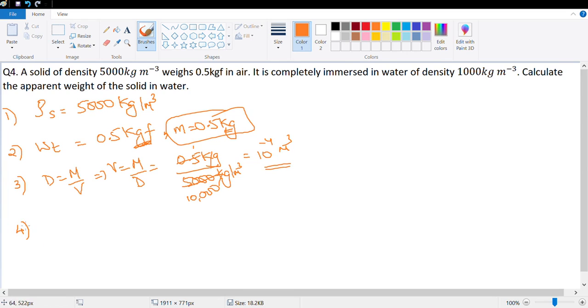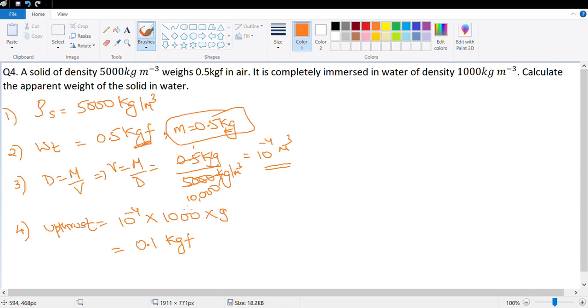Next, calculate apparent weight. For that, first we'll need to calculate the upthrust. So upthrust would be equal to volume of solid, which is 10 to the power minus 4, multiplied with density of liquid, which is 1000, multiplied with gravity. In this case, it would be equal to 10 to the power minus 1, which is 0.1 kilogram force.